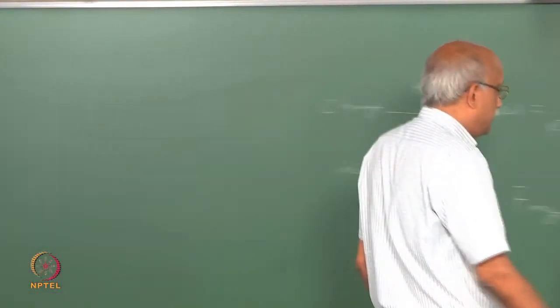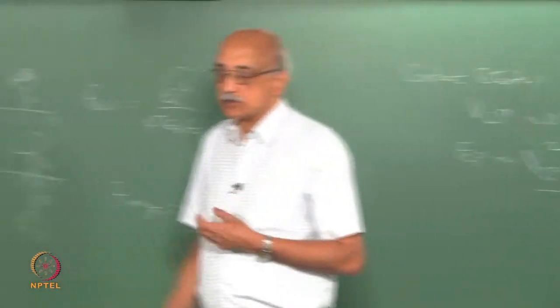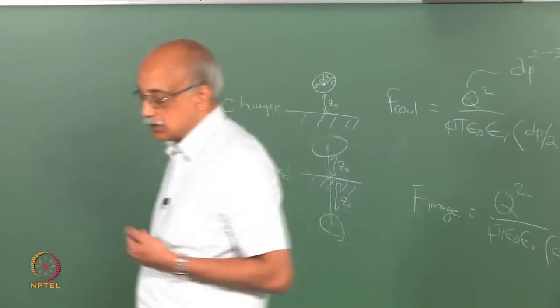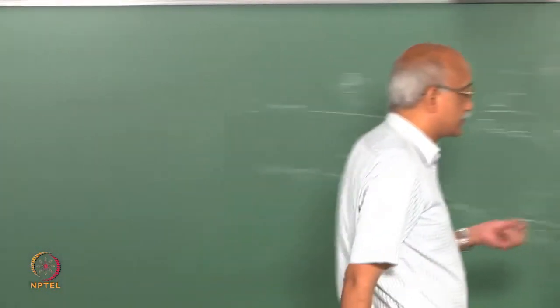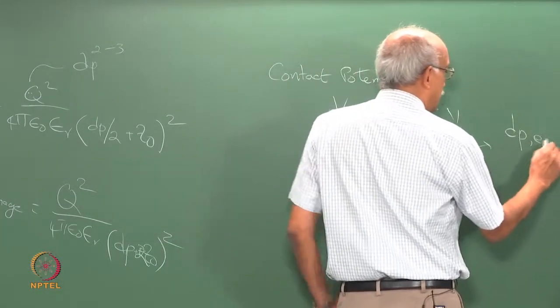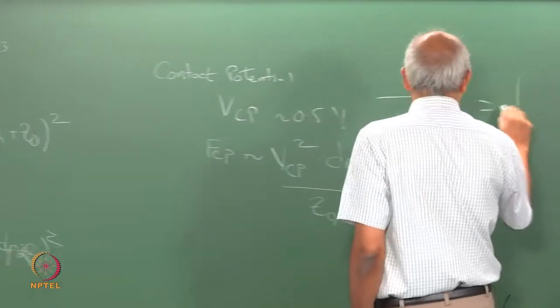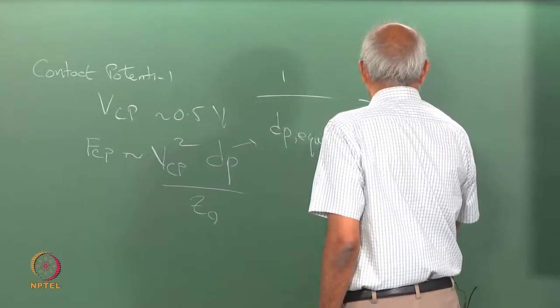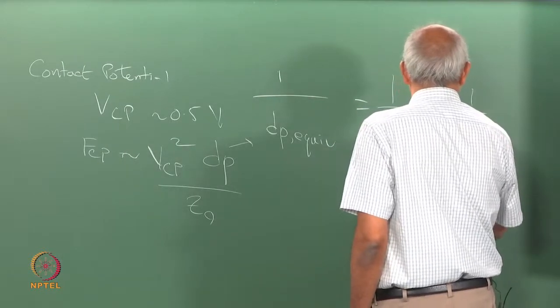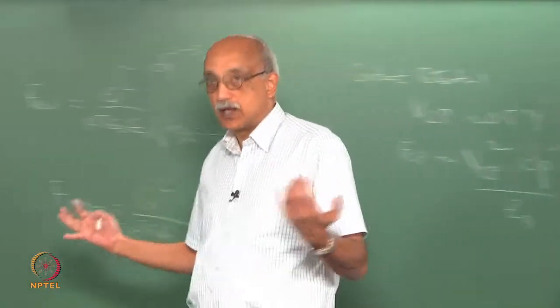And by the way, this dp is a single value when the two particles are of equal size, but when they are not, then this dp has to be substituted with a dp equivalent, which is defined as 1 over dp equivalent equals 1 over dp1 plus 1 over dp2 when you have two particles, 1 and 2, that are of unequal sizes.